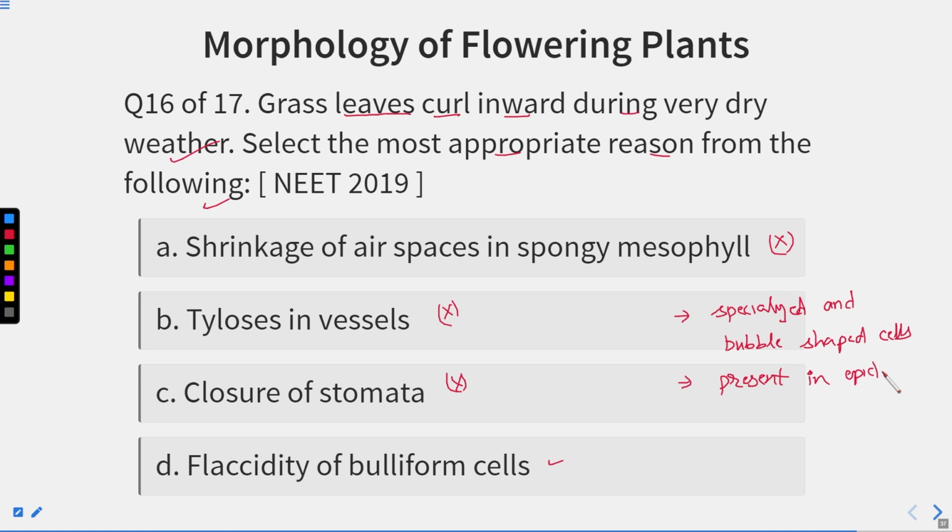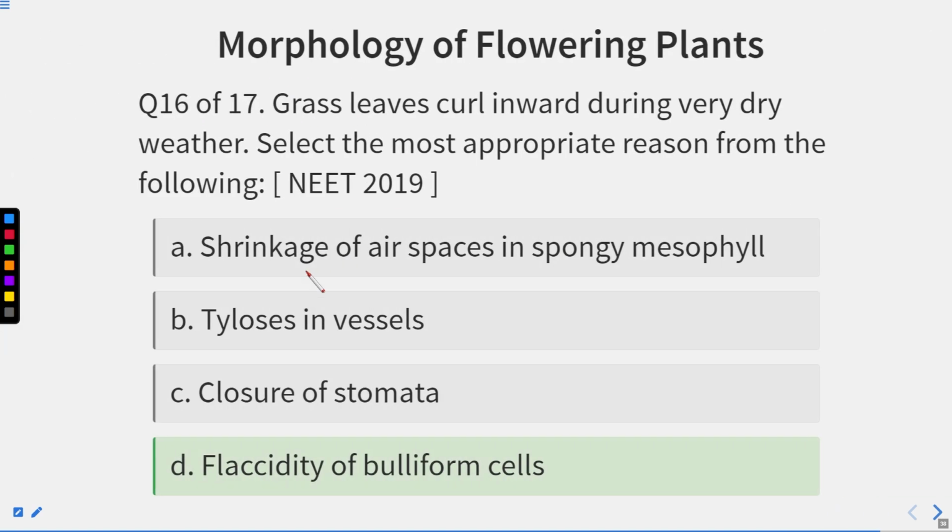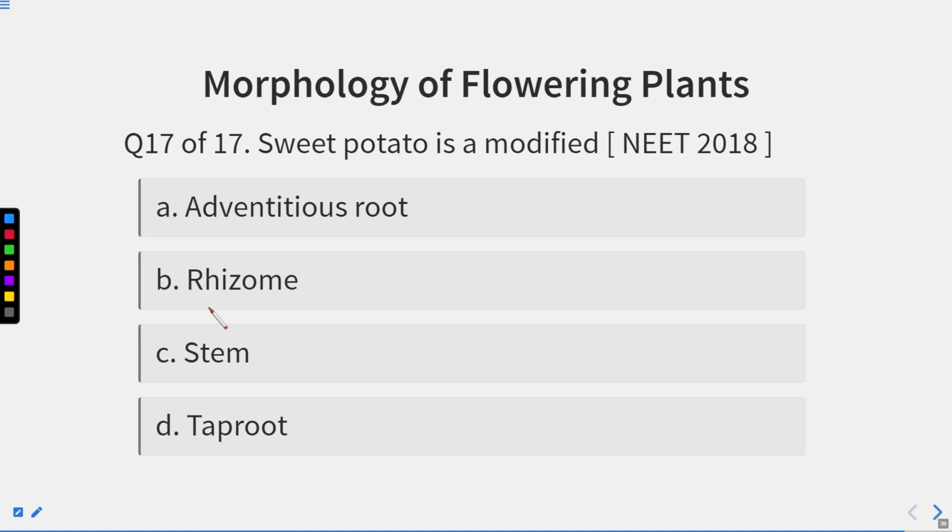Grasses are monocots. So loss of water causes flaccidity in the bulliform cells, which leads to the curling of the leaves in the monocot. So option D is the correct answer.